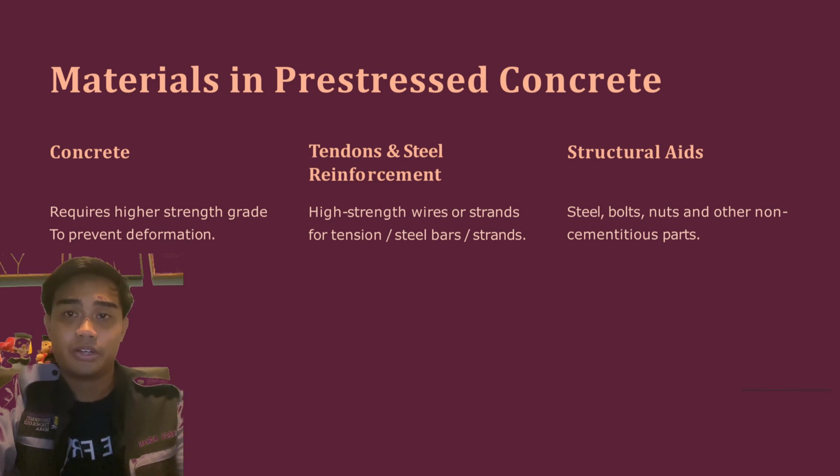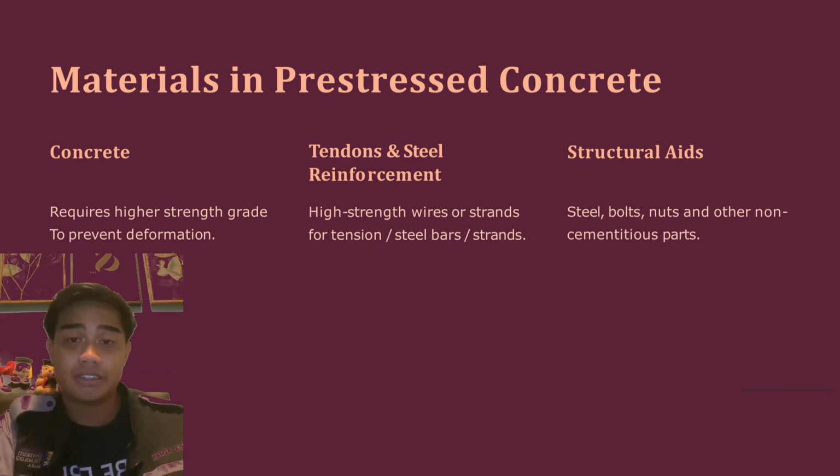First, we have concrete. The concrete needs to be very strong so it doesn't bend or break when tension is applied. Next, we have tendons and steel reinforcement. They are strong steel wires or strands used to pull the concrete tight, making it much stronger and able to handle heavy load.